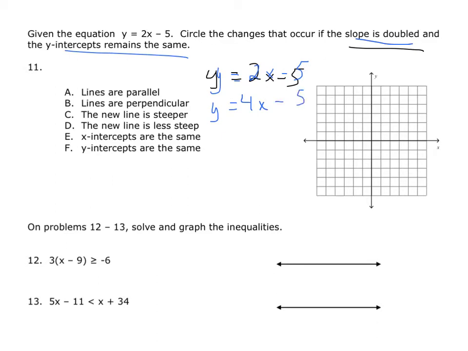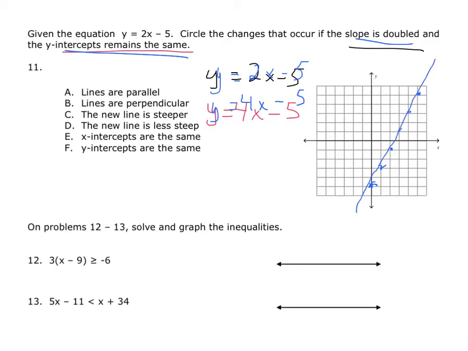All right, I'm going to graph the first line in blue. So we have negative 5 as our y-intercept. And then from there, we're going to go up 2 and over 1, and we'll continue that pattern. Okay, I'm going to draw my line.